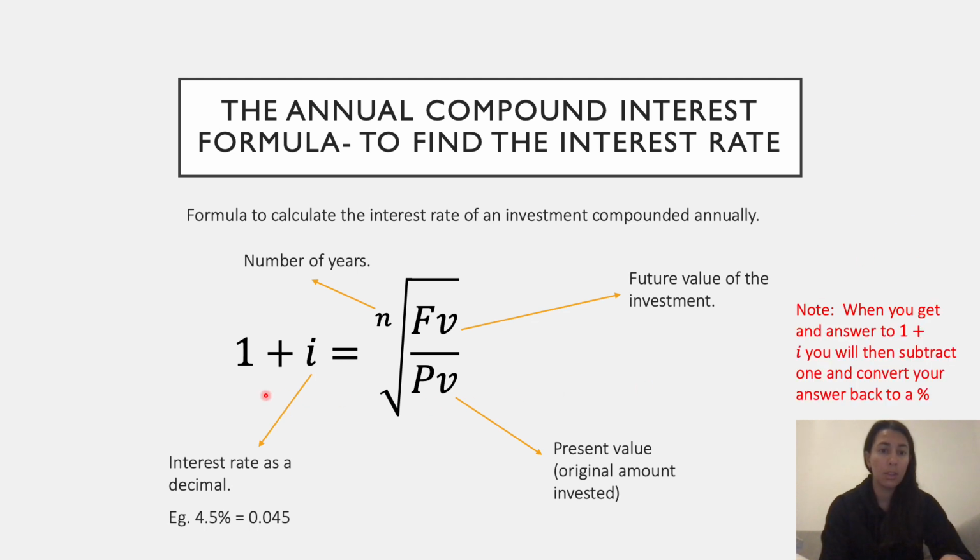Now, your answer is 1 plus i. To get that to your interest rate in decimal form, once you do this part and get your answer, you would then subtract 1 and then convert your answer back to a percentage by multiplying it by 100. But we're going to do this in the example.